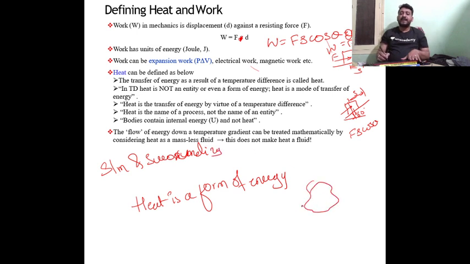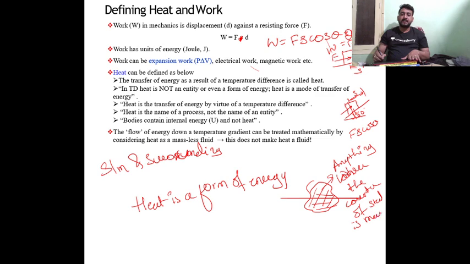The system is defined as anything on which the concentration of study is made, and anything outside of this is called the surroundings. So we should know what is a system and what are the surroundings.